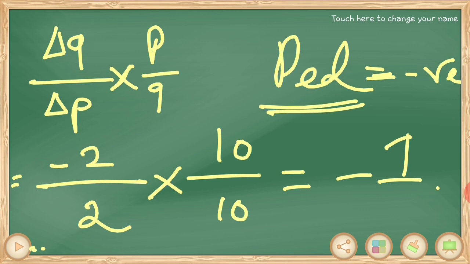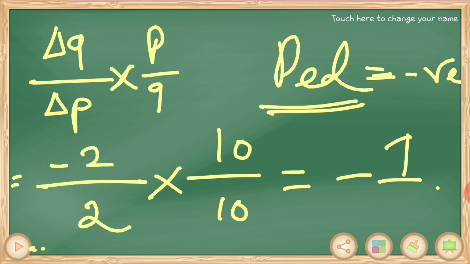Come to the next point. What do you mean by price elasticity of demand? It is nothing but a measure of responsiveness of demand for a commodity to a change in price, other things remaining constant. The factors determining demand are many, but only the price is changing and other things remain constant.